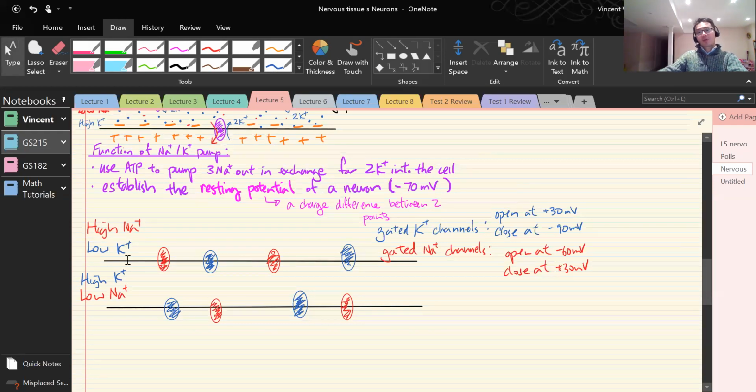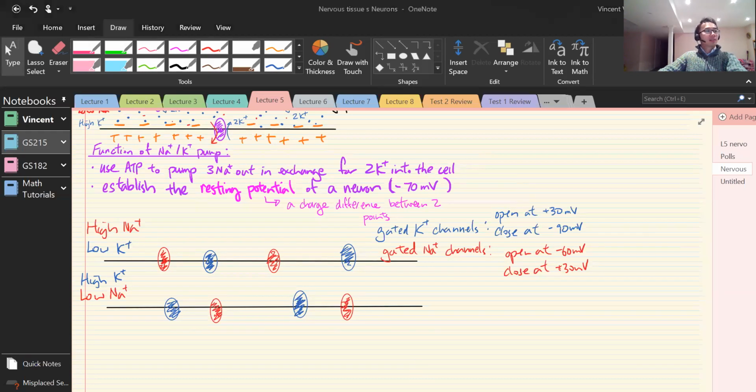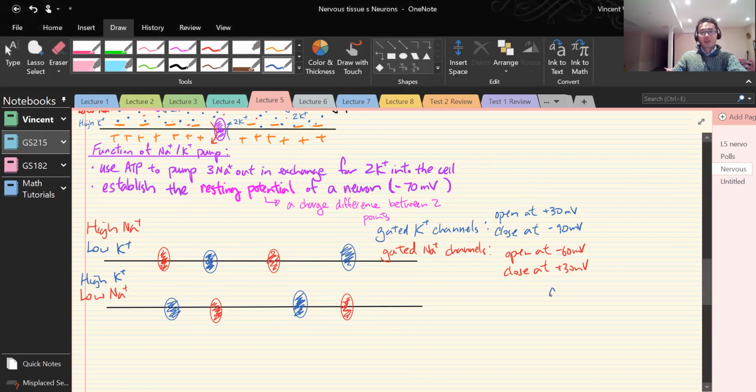Now, another important question. Does the sodium want to come back in, or does the sodium want to go back out? What do you think? In or out of the cell? Let's do another poll. The question is, when given the opportunity, does sodium want to A, come into the cell, or B, go out? What does it want to do?